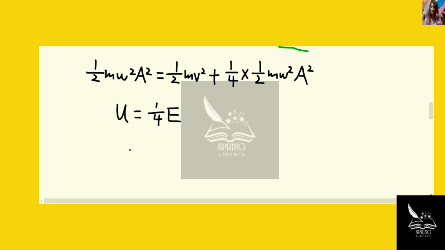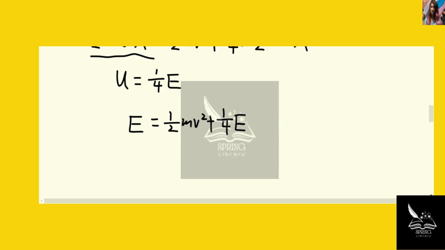So therefore, we have E, which is 1/2 m omega squared a squared, equal to 1/2 mv squared plus 1 over 4 E. And we know kinetic energy is equal to 1/2 mv squared.